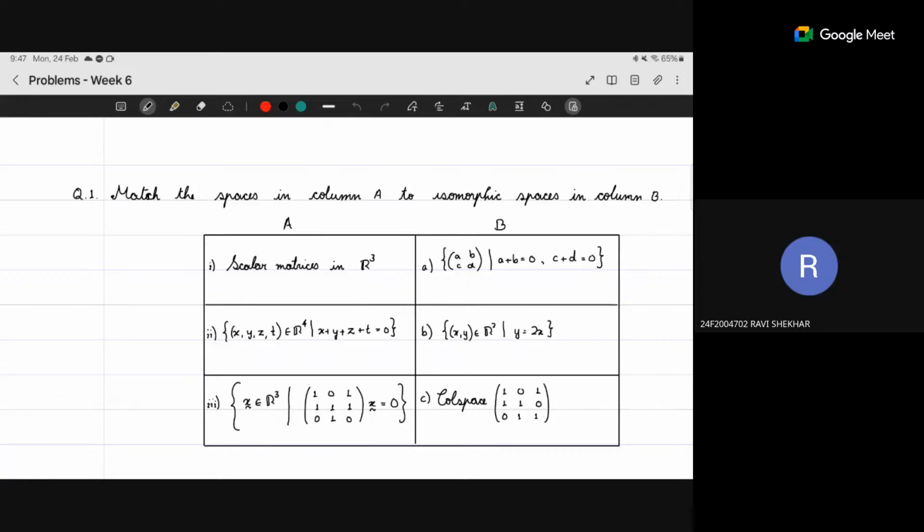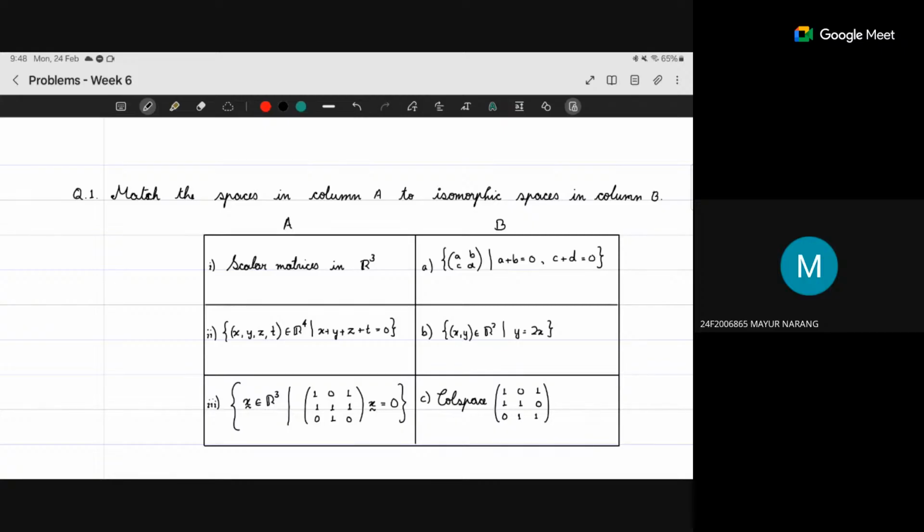The first question asks you to match spaces in column A to isomorphic spaces in column B. So what is the central idea behind this? It has to be one-one and onto. Sir, one is matched to C, I think, because scalar matrices in R3.